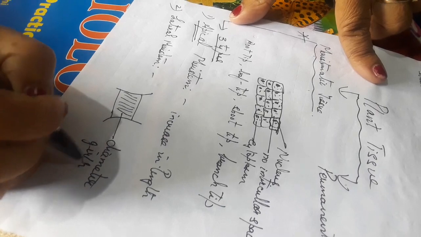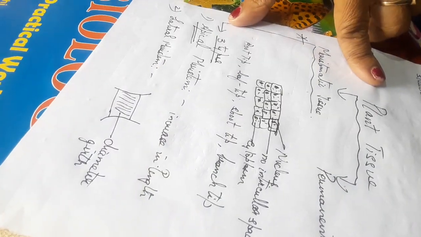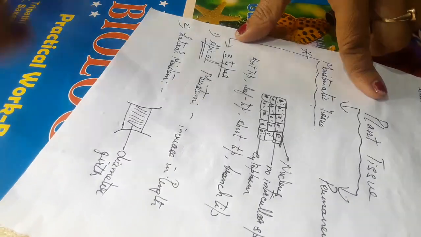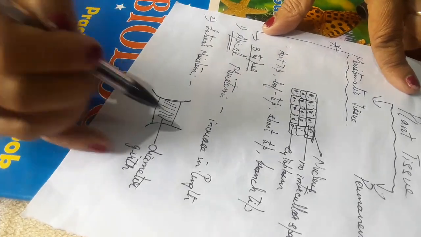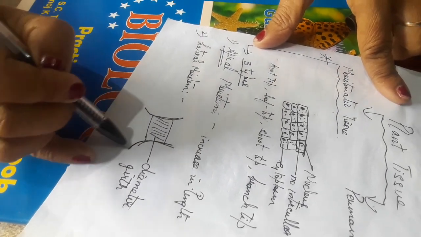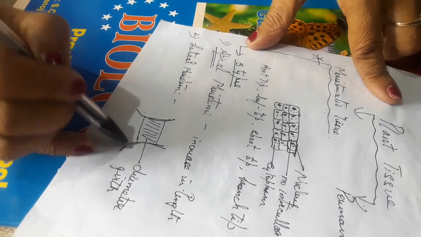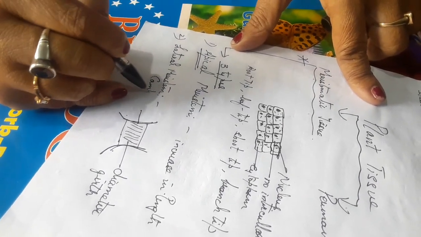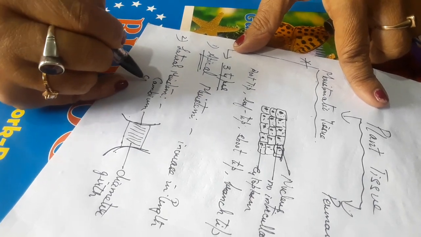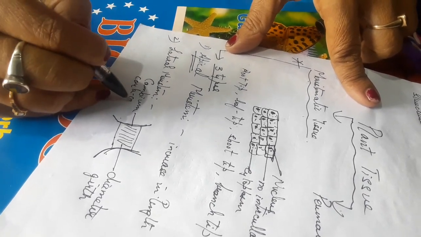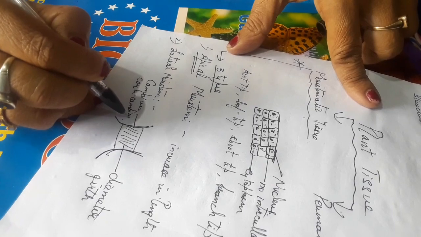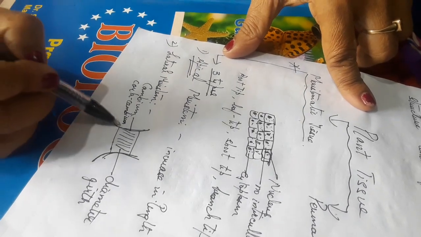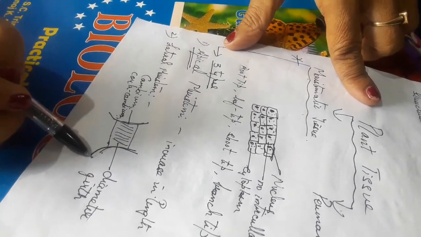You have observed that in a young plant the stem is green, but as it grows older, the stem widens. That is because of the activity of cambium and cork cambium. The plants increase in their diameter or girth.